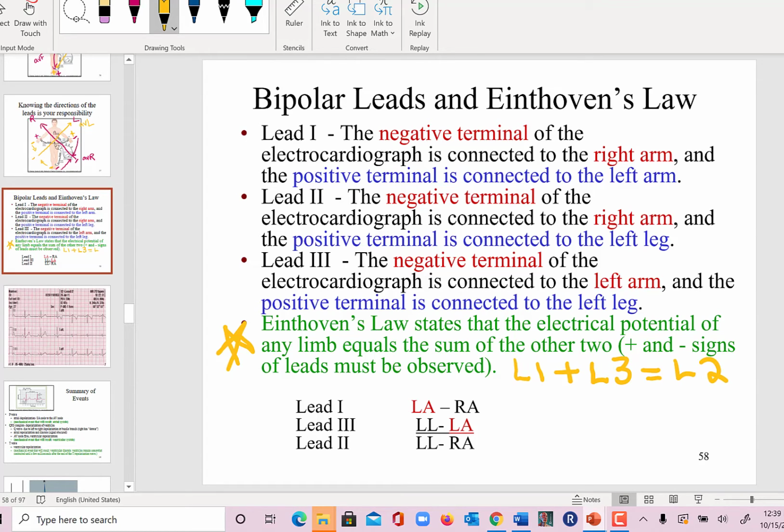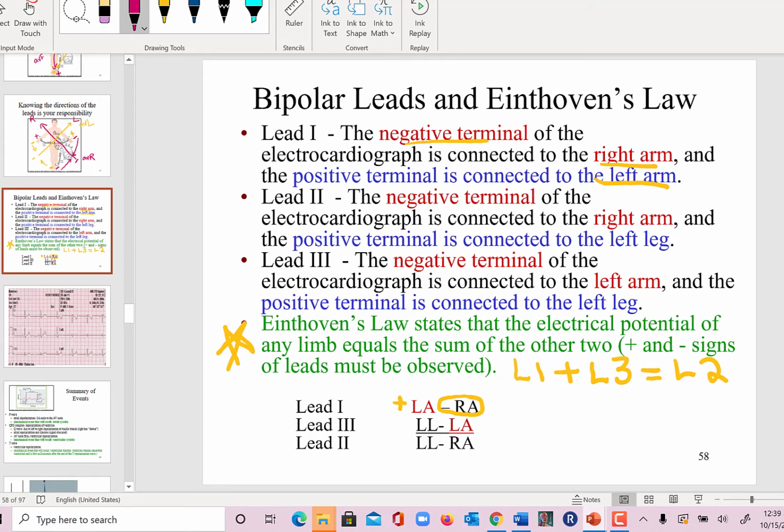I'm just going to use that as my example. Please remember lead 1 is negative on the right arm, shown here as a negative RA, and positive on the left arm, shown here as a plus LA. It's not written, but we can put a plus LA.